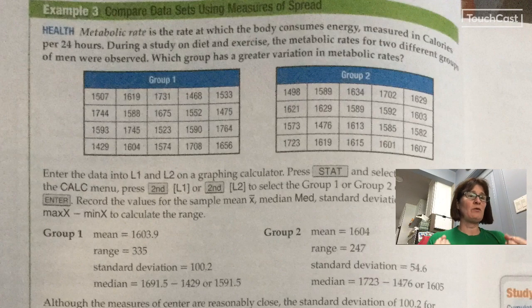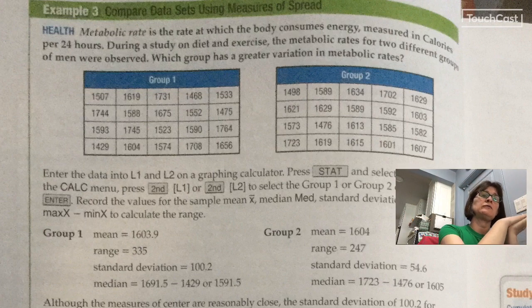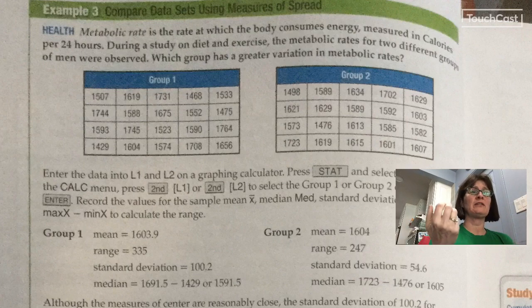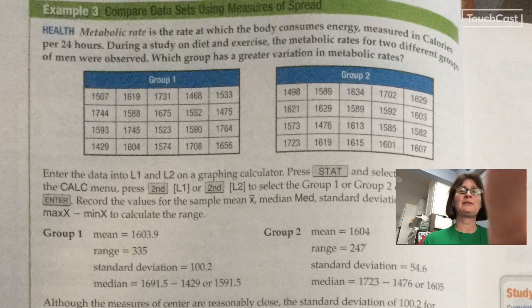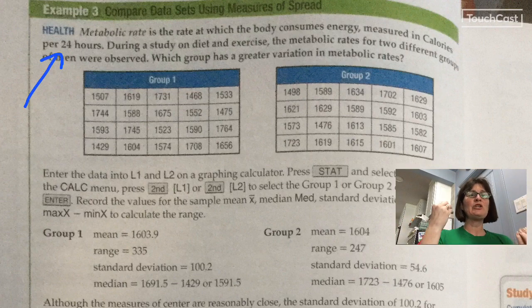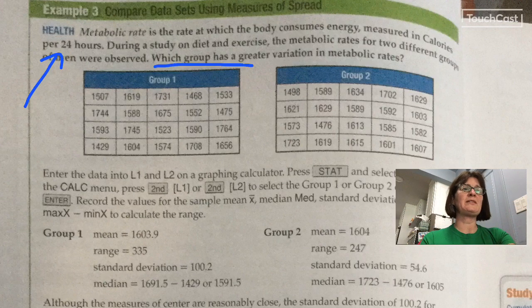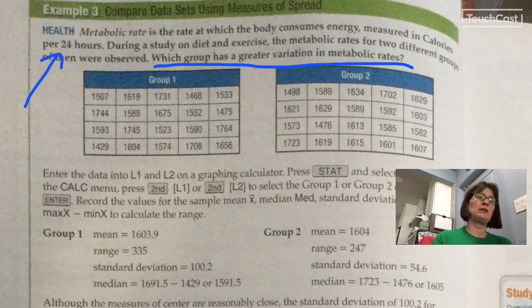So the last big skill I want us to take away from today is to use measures of central tendency and measures of spread to compare two data sets. So I have two different groups of men who I'm observing for metabolic rates, according to this example. And the question is, can you compare these two data sets? Specifically, which group has a greater variation in metabolic rates?